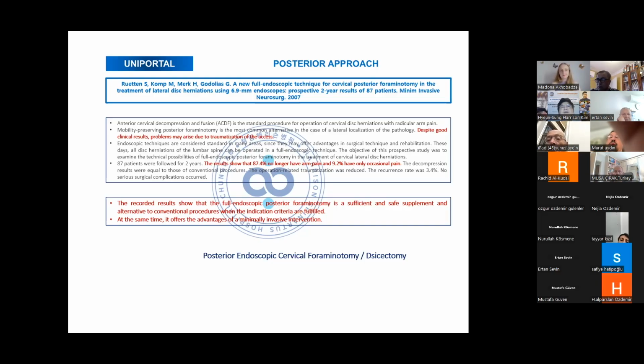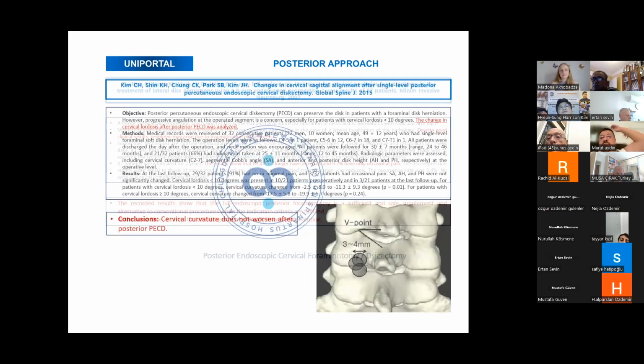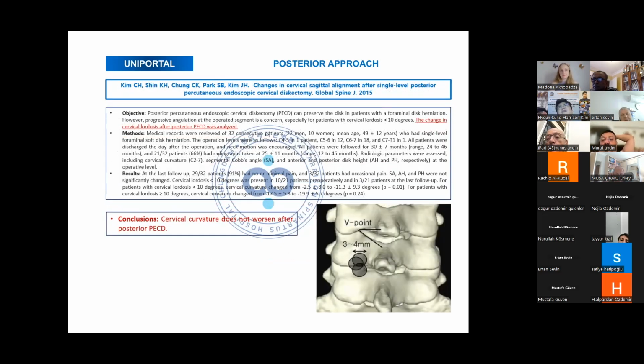Anyway, Dr. Ruetten is my teacher, and Ruetten first introduced the posterior cervical foraminotomy, but that technique did not spread widely; only some limited doctors were doing the cervical posterior foraminotomy. But I believe that this V-point paper by Dr. Chiang Kim is important.